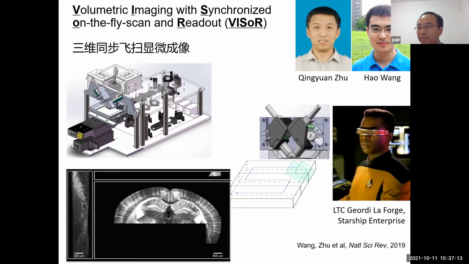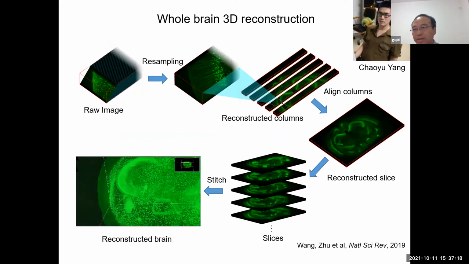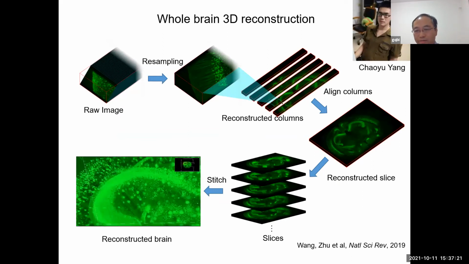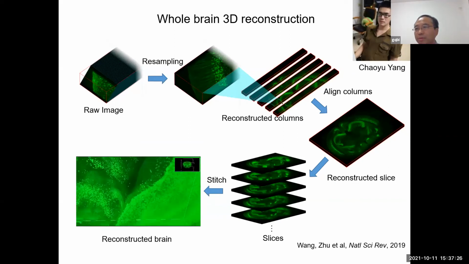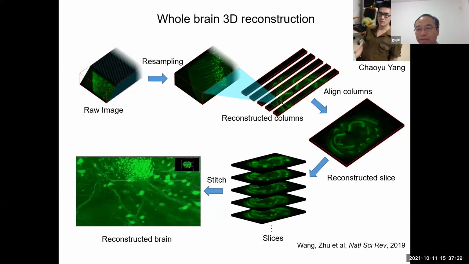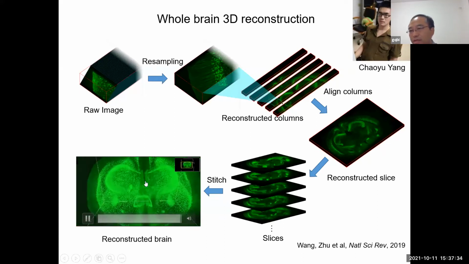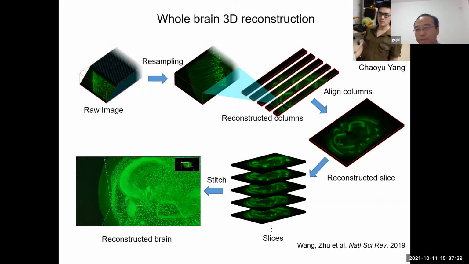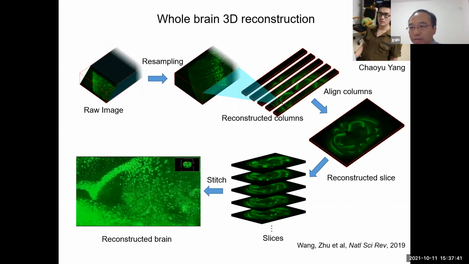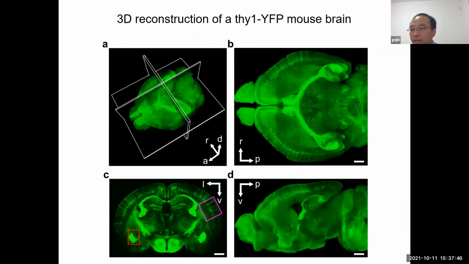So we get very high speed imaging of each slice, and we got 3D imaging for each 300 micron slice. Putting them together, we can get the 3D structure of the whole mouse brain here. And this mouse brain was imaged within an hour and a half. Compared to a week or 3 days, this is a big improvement in speed. And you can see the fine details inside with this method.